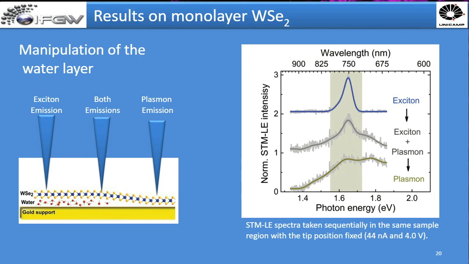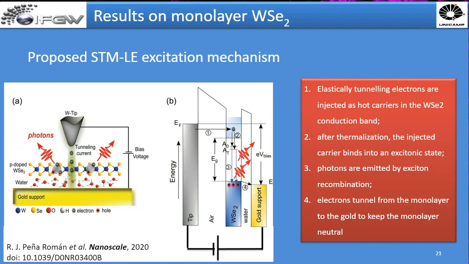And to sum up this part, we just proposed a little model to say that we should inject the carriers into the conduction band of the TMD, that it would recombine, creating an electron-hole pair, an exciton, and then decay emitting light, and this extra charge should go to the gold support by tunneling through the water layer.